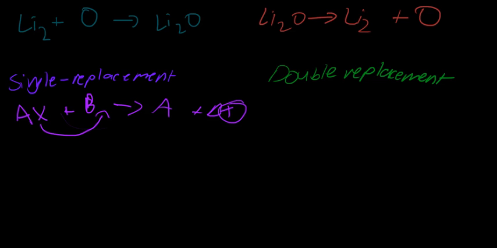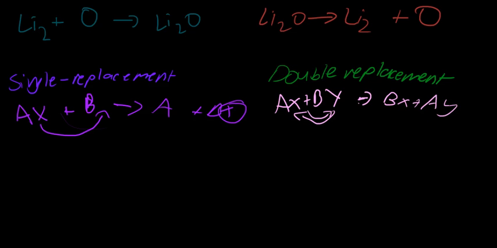In a double replacement, we have AX plus BY reacts to form, and basically these two are going to trade spaces, so it becomes AY plus BX. But it doesn't really matter which way you order it. So this is a double replacement. In a double replacement, we're replacing both, and in a single replacement, we are only replacing one.